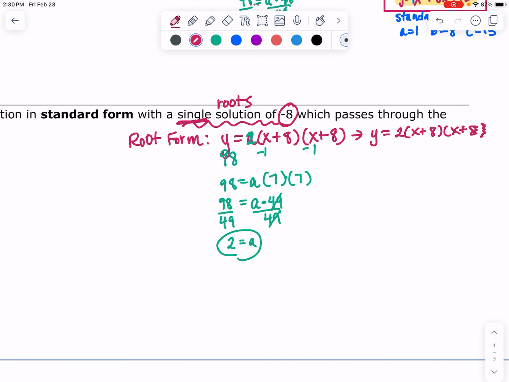And we can convert that by making a box. So we get x squared, 8x, 8x, 64. We can add our like terms. We get 16x. So x squared plus 16x plus 64.